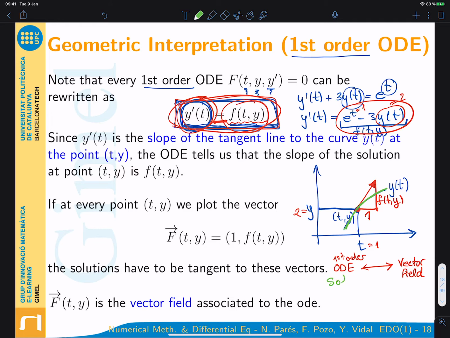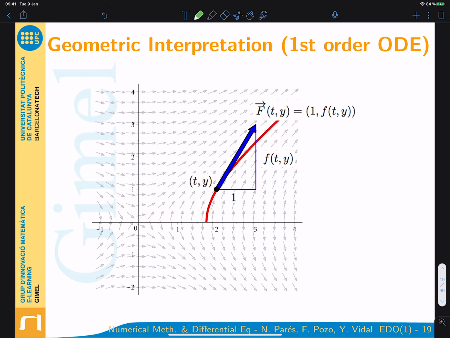So a solution of the ODE is going to be equivalent to what we call an integral curve, which is nothing else but a curve tangent to the vector field at each point. So maybe you will understand better here.